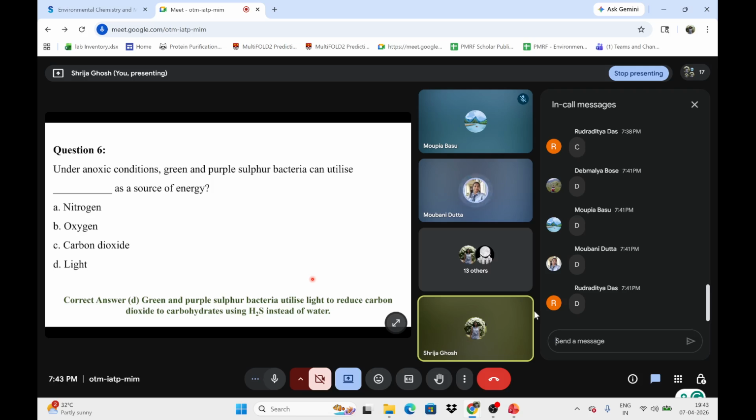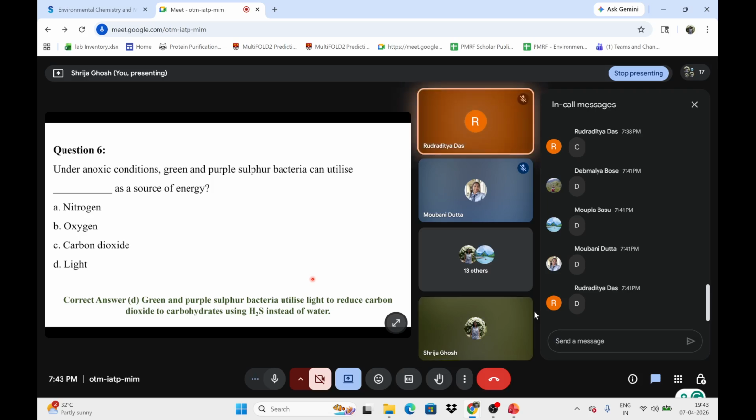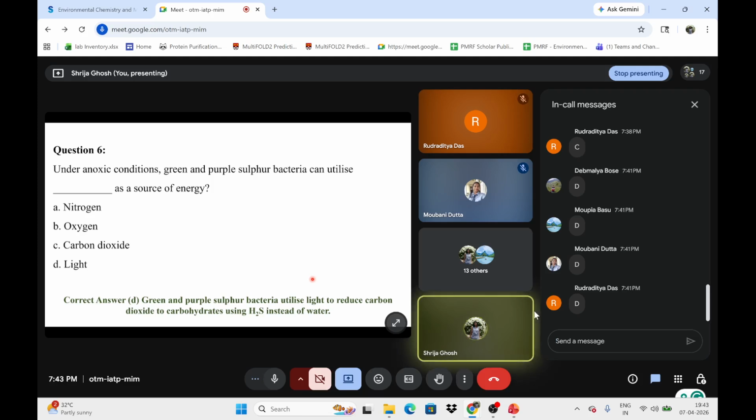Ma'am, could you please say it again? These bacteria are using light as the energy source and carbon dioxide as the carbon source directly. So what should we call them? Autotroph, yes. And what would be the prefix?